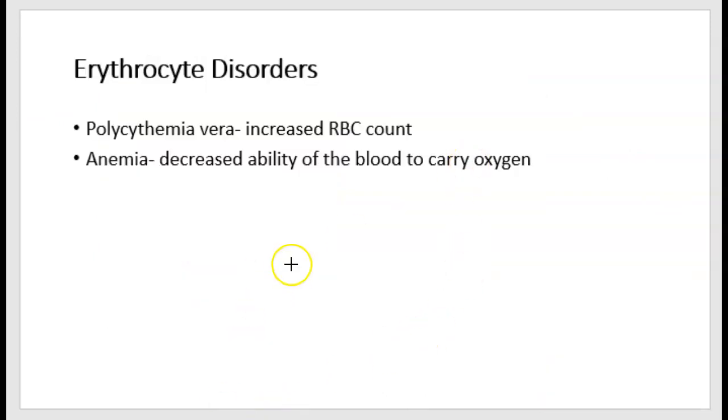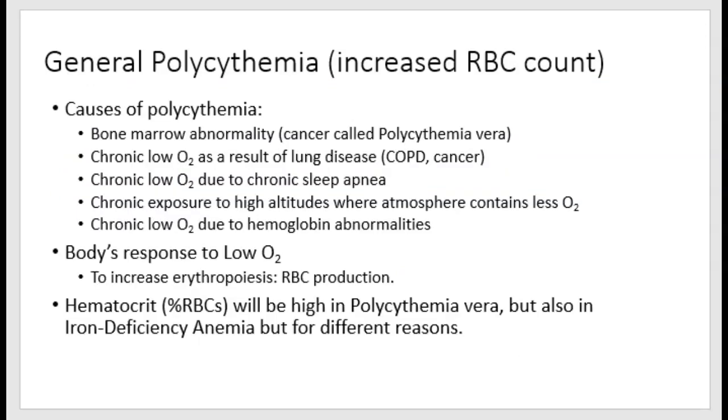Okay, now let's look at some erythrocyte disorders that we talked about. The first one I'll discuss is polycythemia vera, and the other is anemia. So I'm going to talk about polycythemia first. Polycythemia, just that word alone, means increased red blood cell count, which would result in a high hematocrit as well.